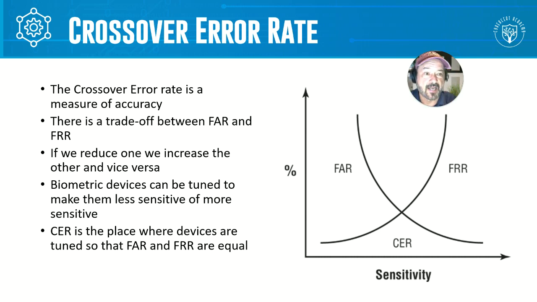Well, first of all, it is not a goal to program your system to the crossover error rate. It is not a goal. Because remember, in information security, we want to reduce false acceptances. Depending on where you work, you're probably going to be somewhere on this graph.